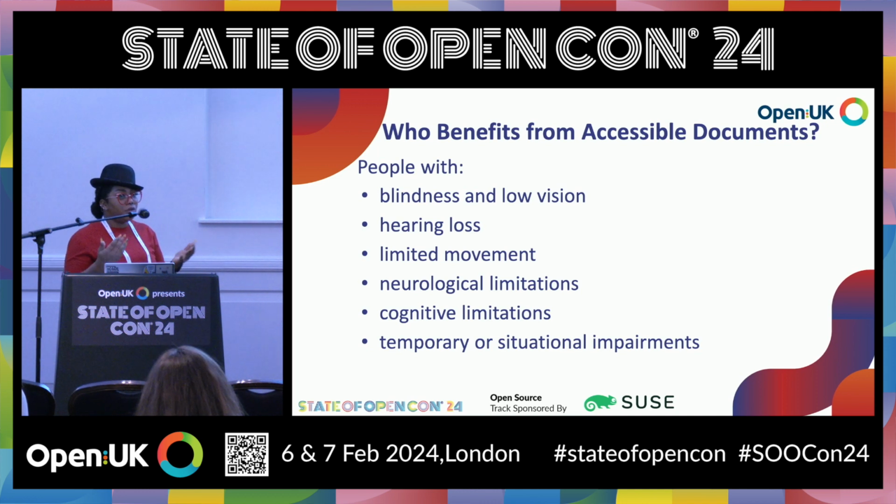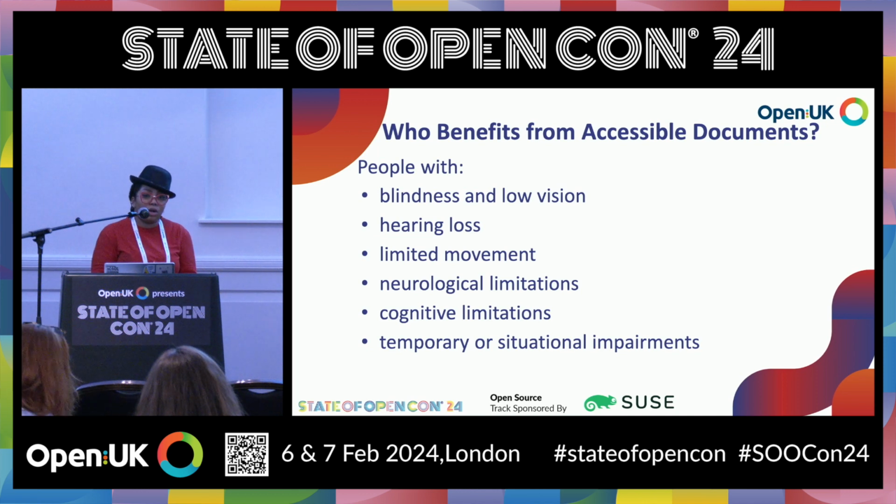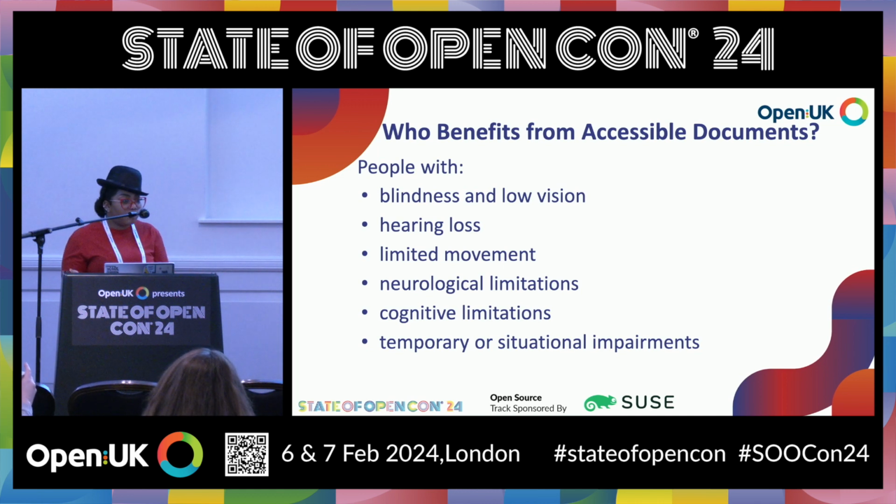And then you have neurological limitations. These affect concentration and focus. People have difficulty concentrating and focusing, and when you have content that is not clear or concise, such people are not even able to utilize the content because of all these difficulties. We have cognitive limitations.